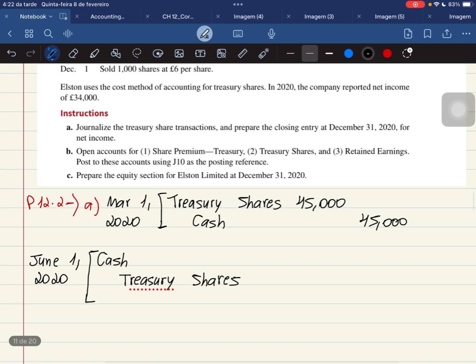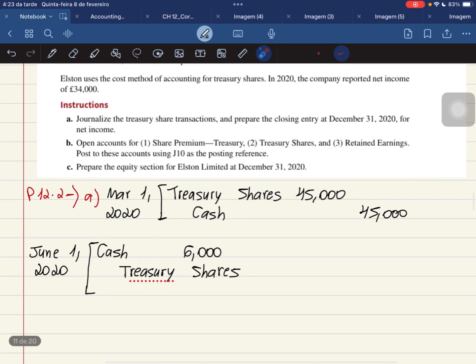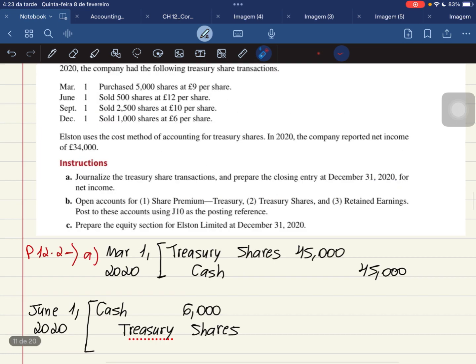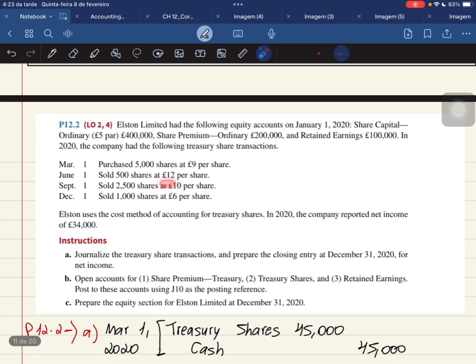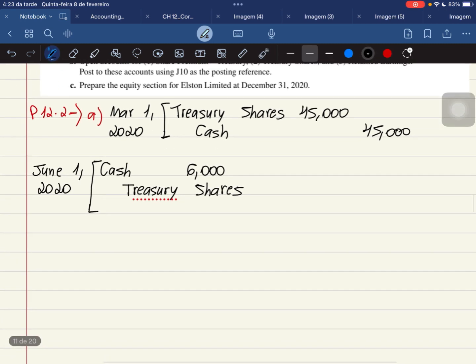In this case, we'll give you 6,000, and your treasury shares is going to be the number of shares times the cost that you paid, right? Because your treasury shares are not going down by the same amount, because you did not pay 12 for them, right? You paid 9, so that is going to be 500 times 9, which will be 4,500.